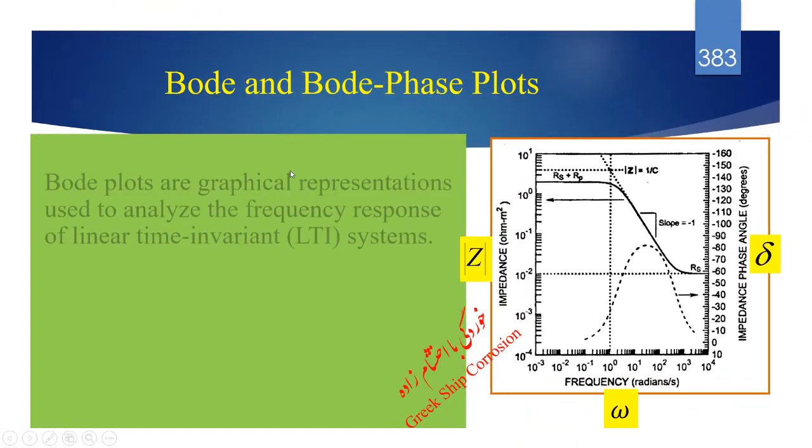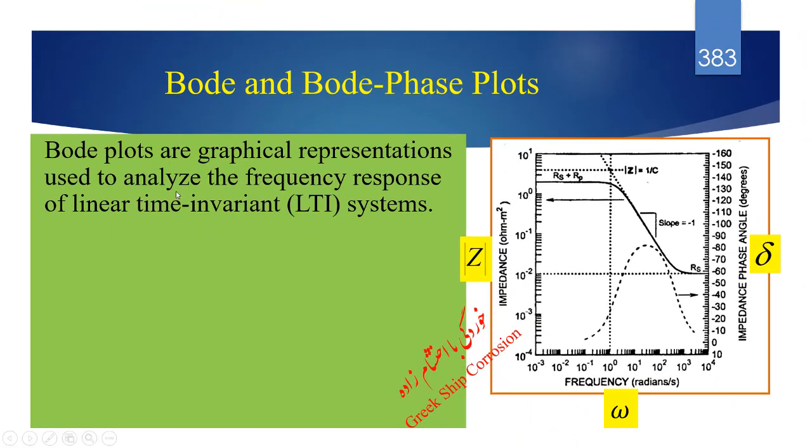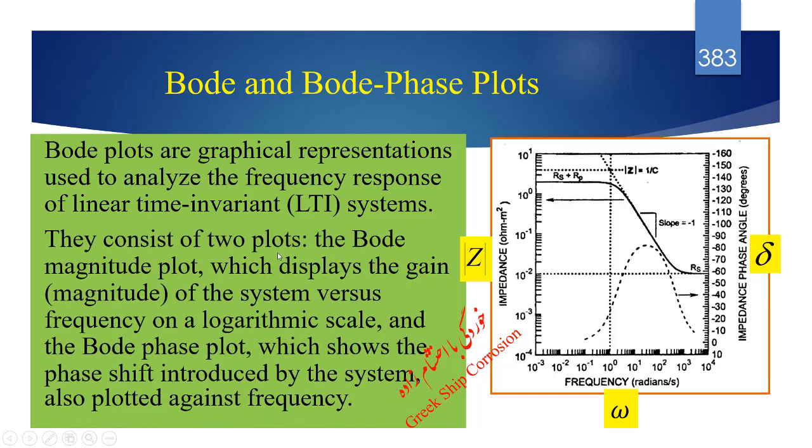Bode and Bode-Phase plots. Bode plots are graphical representations used to analyze the frequency response of linear time-invariant systems. They consist of two plots: the Bode magnitude plot, which displays the gain or magnitude of the system versus frequency on a logarithmic scale, and the Bode-Phase plot, which shows the phase shift introduced by the system, also plotted against frequency: impedance magnitude, frequency, delta, that is the phase angle.